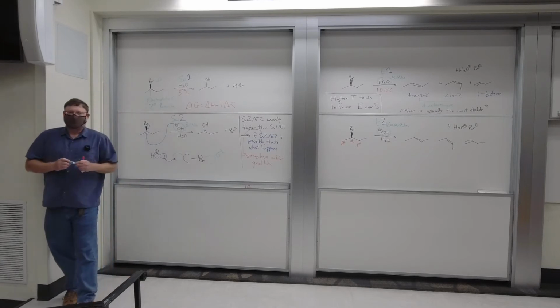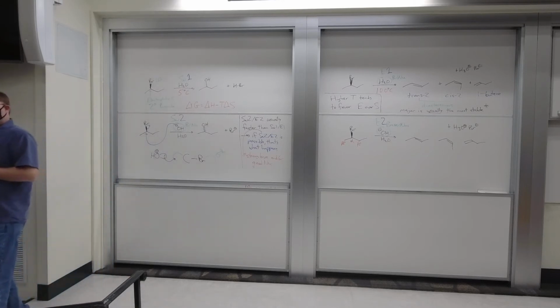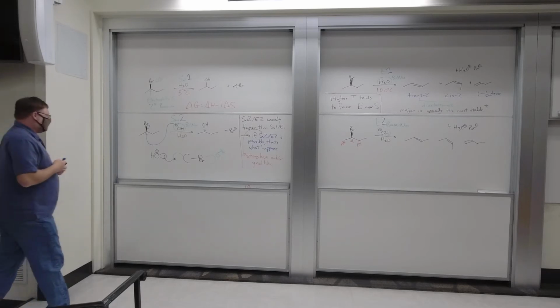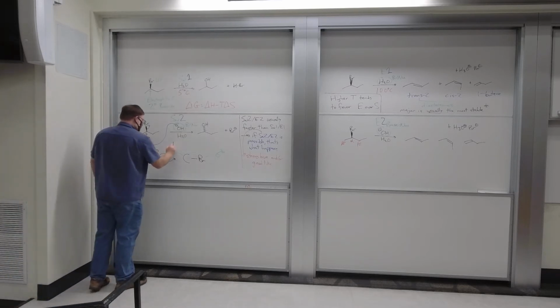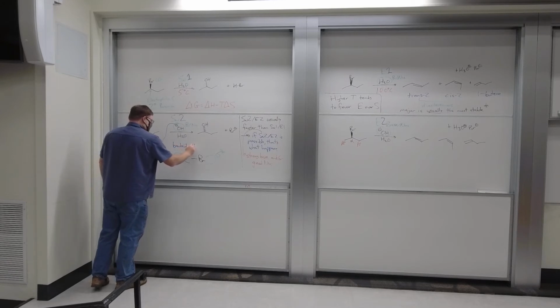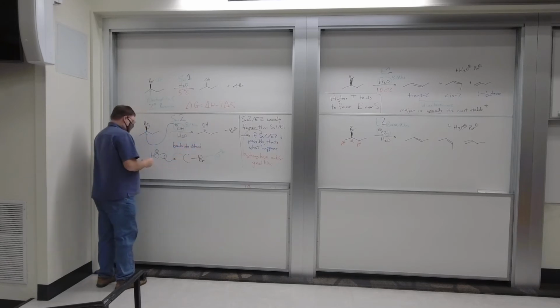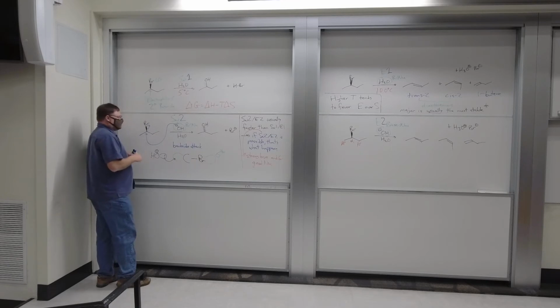That puts electrons into the C-Br antibonding orbital. If I put electrons into an antibonding orbital, I break the bond. We also call this a backside attack because it's got to come from directly behind. And this explains the stereochemistry.